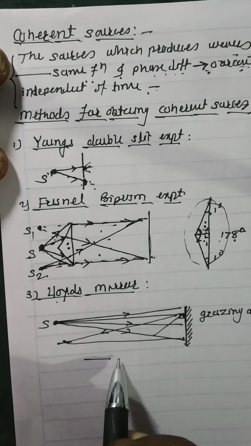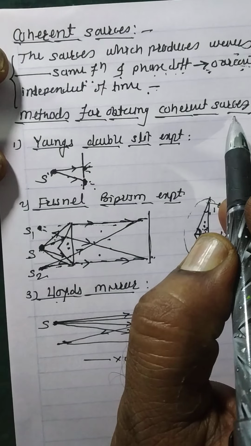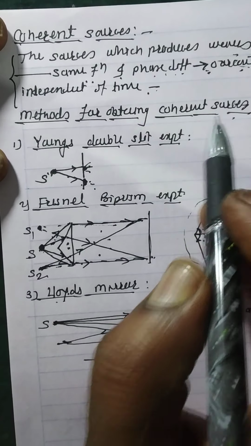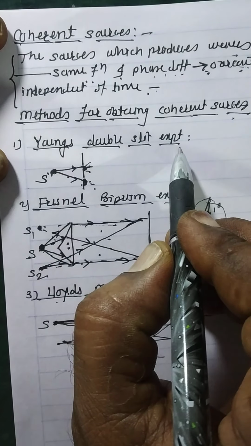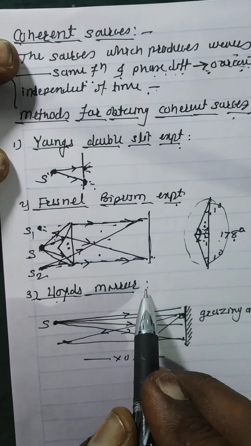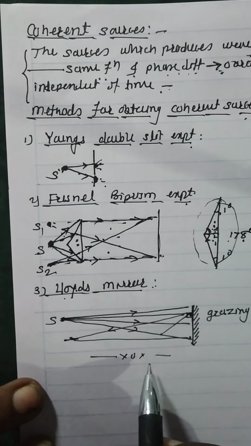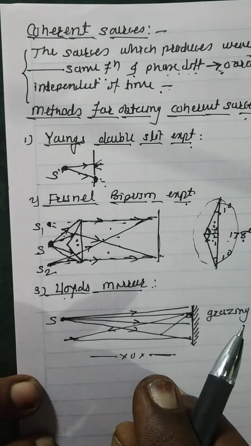These are the different methods for obtaining coherent sources: Young's double slit experiment, Fresnel biprism experiment, and Lloyd's mirror. Okay. Now, the remaining part on the next period.